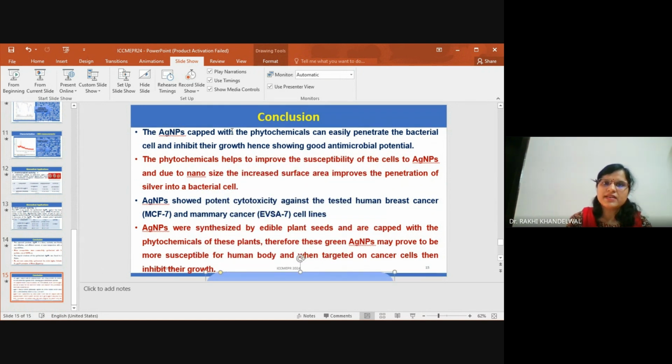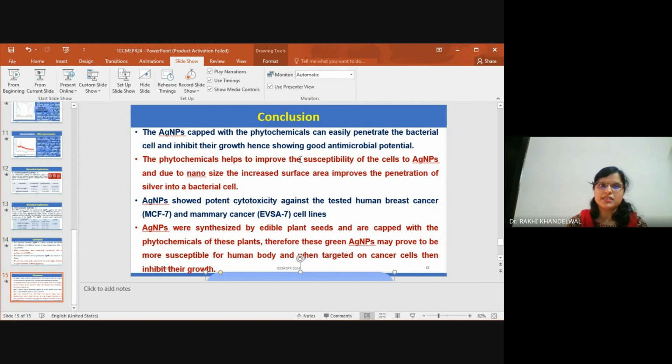The silver nanoparticles with the phytochemicals can easily penetrate the bacterial cell and inhibit their growth, hence showing good antimicrobial potential. The phytochemicals help to improve the susceptibility of the cells to silver nanoparticles, and due to the nano size, the increased surface area improves the penetration of silver into the bacterial cell.